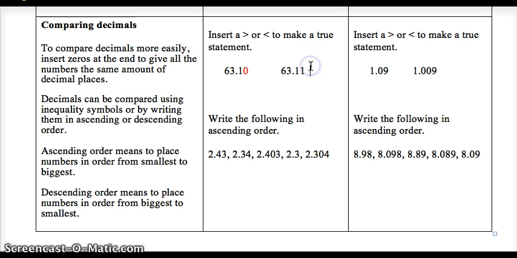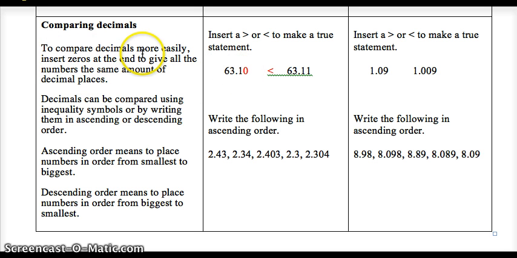But this number over here, 63.11, sorry, has a 1 in the hundredths column. The other thing you can say is, well, 63.10 is after the point, and for this number over here we've got 63.11, so this one's got 11 after the point, so we can say that 63.11 is bigger than 63.10. Now, notice I've added in a 0 there.